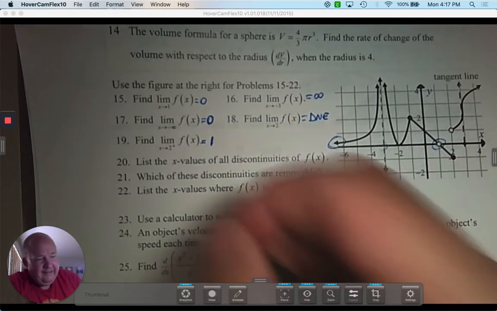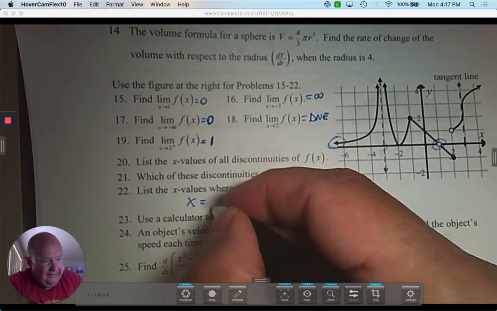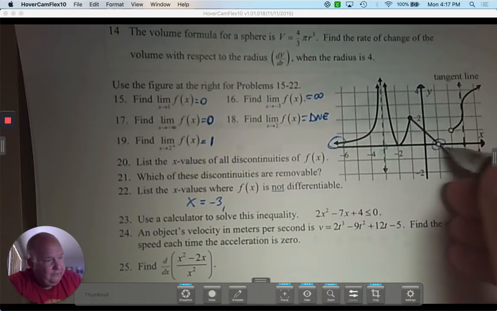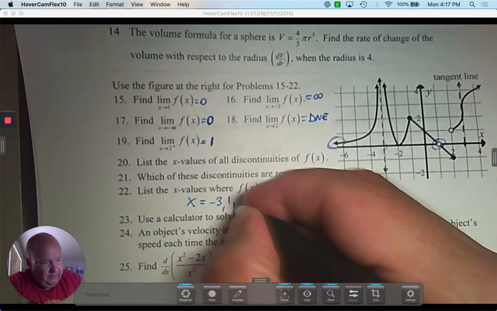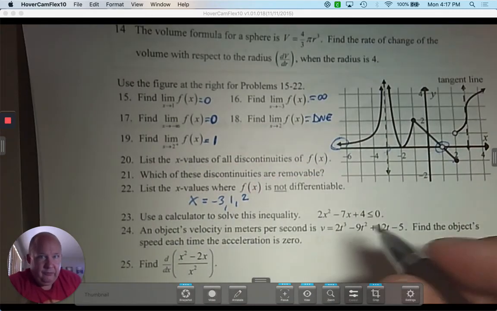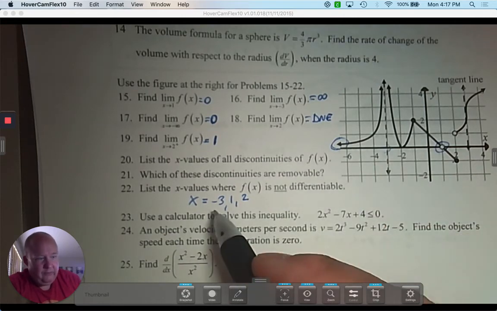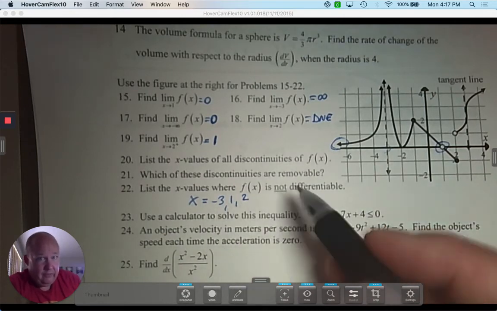So you can't differentiate where there is a discontinuity. So at -3, at +1, and at +2. So the limit exists, but the derivative does not, if it is not continuous. So where there's a discontinuity, the derivative does not exist there.